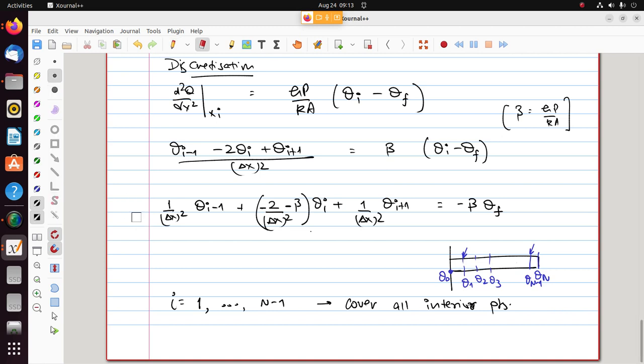When we cover all the interior points, we get n minus 1 equations, and remember we are applying the governing differential equation on the interior points.